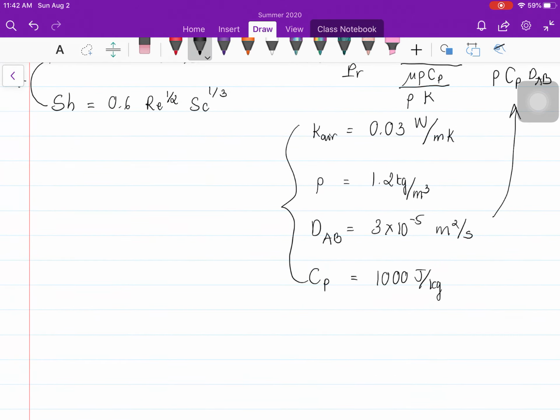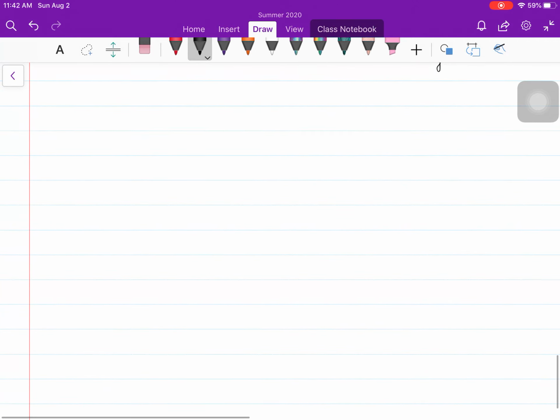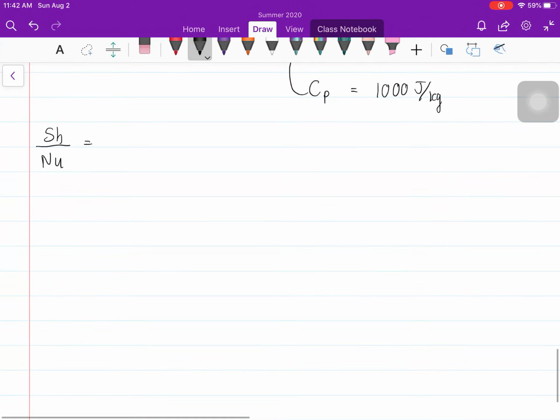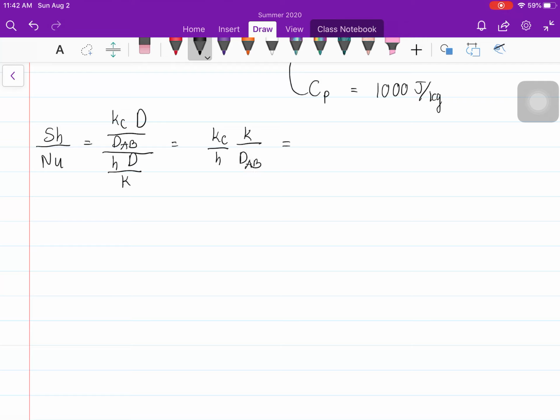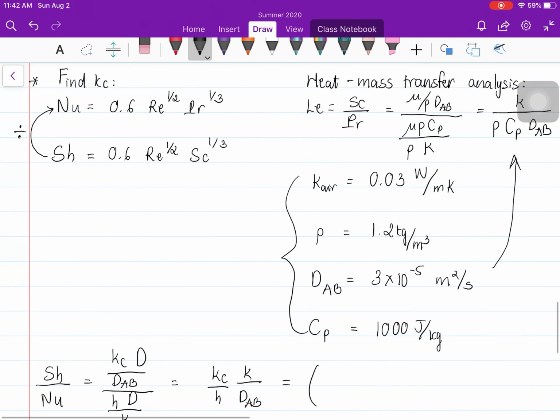What we would get is Sherwood number divided by Nusselt number equal to Kc times characteristic dimension, which is D, divided by DAB, which is diffusion coefficient, divided by heat transfer coefficient times D divided by thermal conductivity, which is equal to Kc over H times K over DAB, and that equal to the right hand side here.